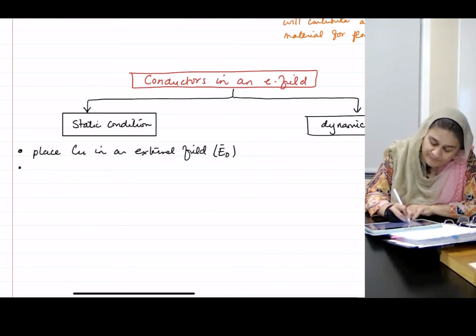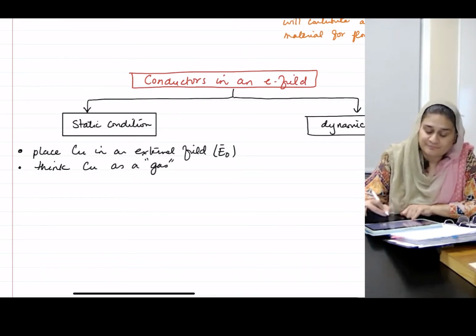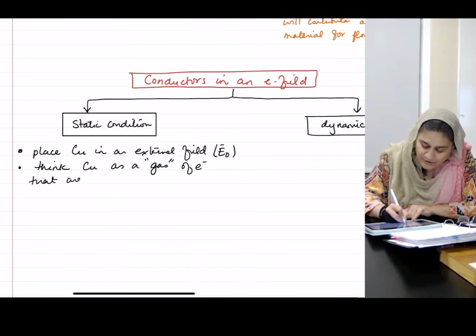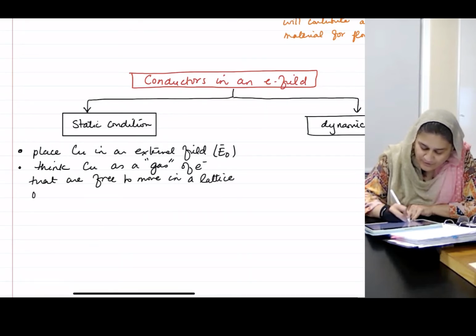So think of copper as a gas, in inverted commas, of electrons that are free to move in a lattice of copper ions fixed in place.